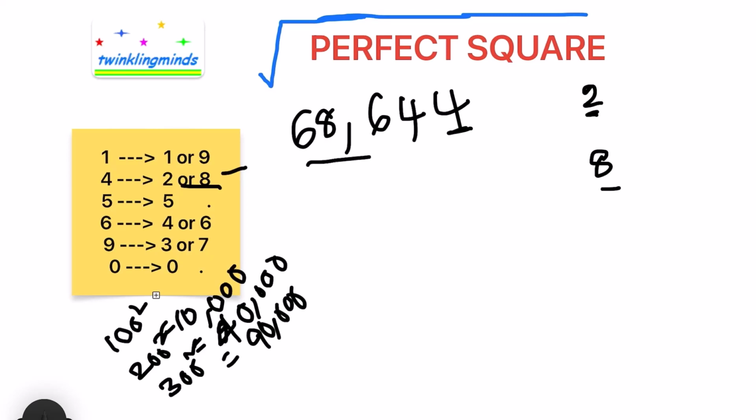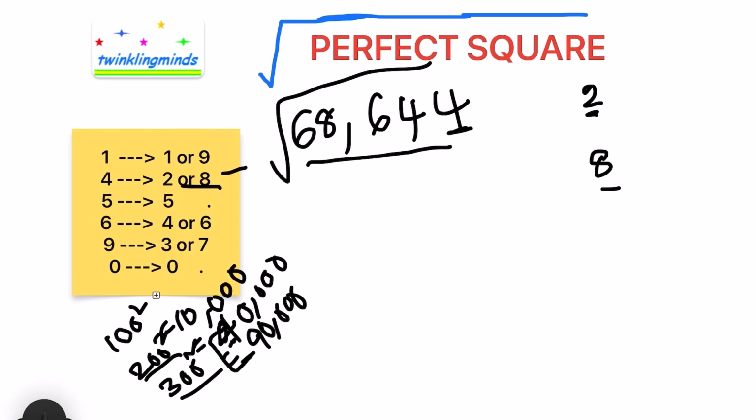So our number 68,644 lies between 40,000 and 90,000. That means somewhere between 200 and 300. So the square root value of this lies somewhere between 200 and 300. From the look of it, I have a feel that it is above 60,000.